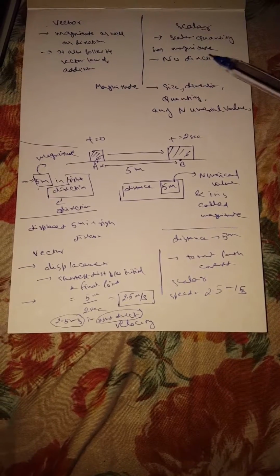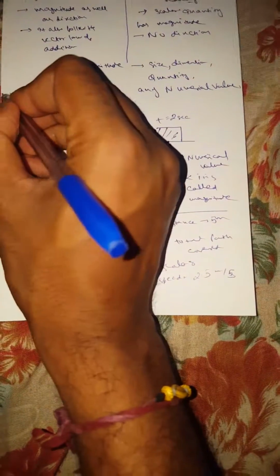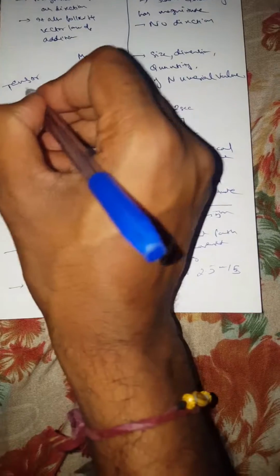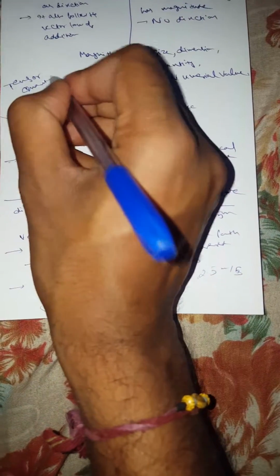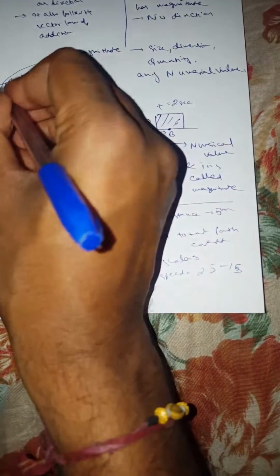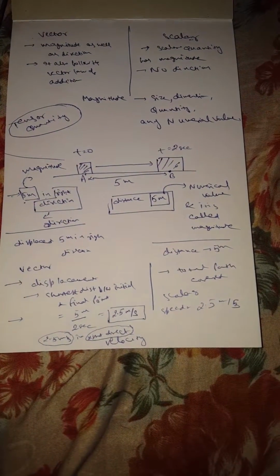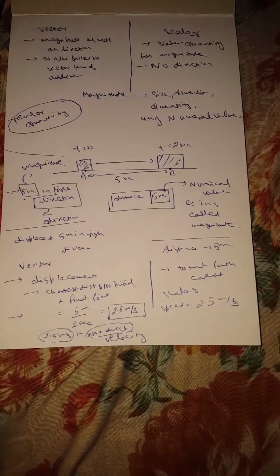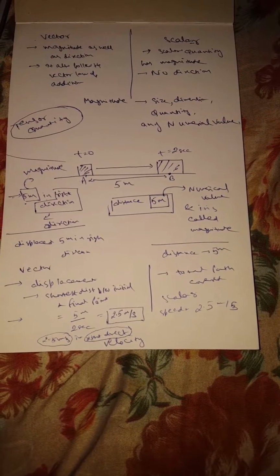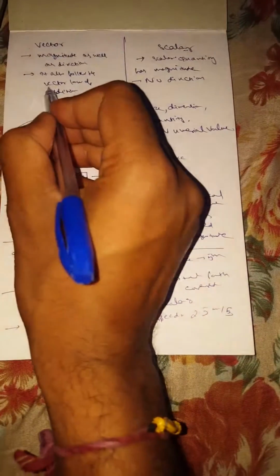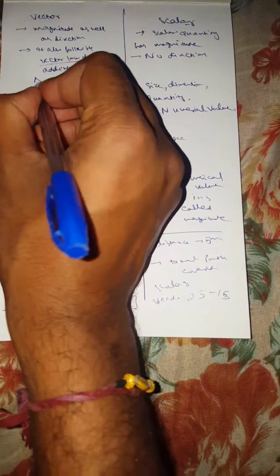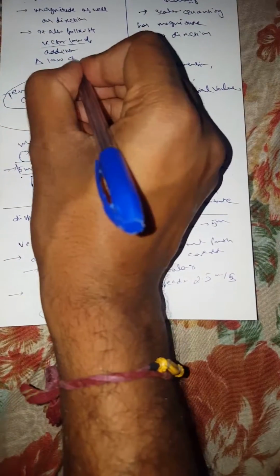Apart from vector and scalar quantities, we have a third quantity which is called a tensor quantity. I am not going into much detail about tensor quantities, just making you understand that there are certain quantities which have both magnitude and direction but do not follow the vector law of addition or the triangle law of addition.